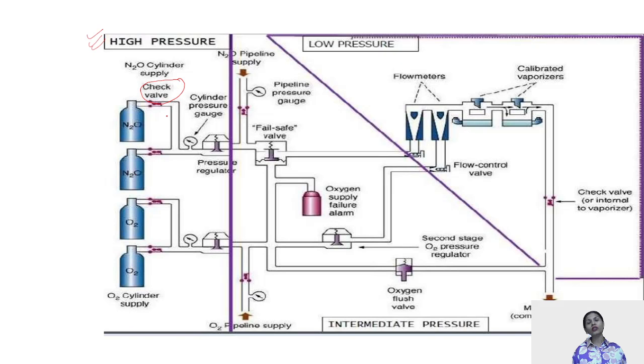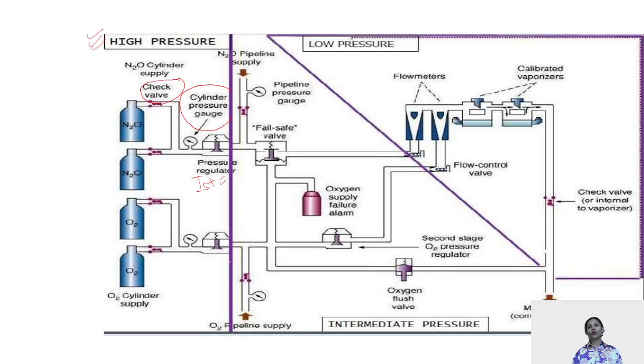Then, of course, you have cylinders, you have pressure in the cylinders. So you must have something to check that pressure. So that pressure is checked by using your cylinder pressure gauges. This is another part of your high pressure system. And eventually, as I've already told, the high pressure gases are converted into intermediate pressure system with the help of the first stage pressure regulator.